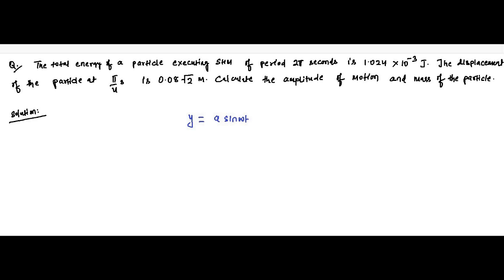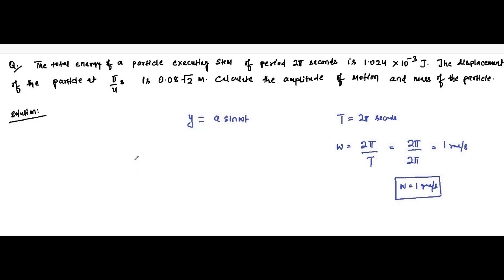Here it is given that the time period T is equal to 2 pi seconds. So angular frequency we can calculate, it will be 2 pi by time period, which is 2 pi by 2 pi, which is equal to 1 radian per second. That is the angular frequency.